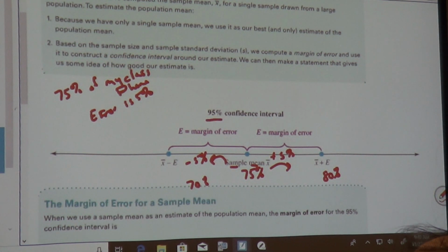So my 95% confidence interval would be 70% to 80%.